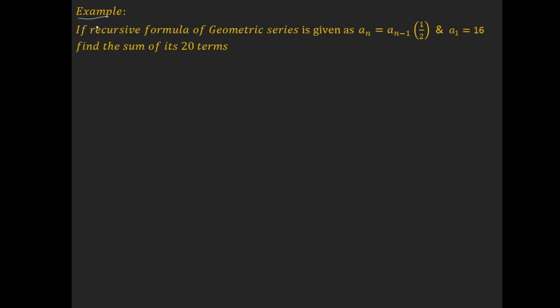This is the example in which we are given the recursive formula of a geometric series. The formula is An is equal to An minus 1 multiplied by 1 divided by 2.